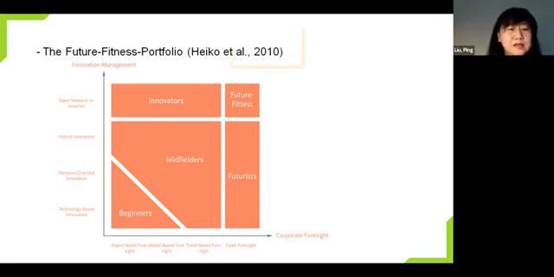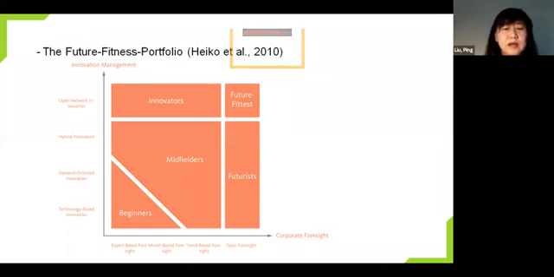As we can see, in the y-axis direction, the companies on the bottom are more closed in their innovation activity management, and on the top they are more open in their innovation.